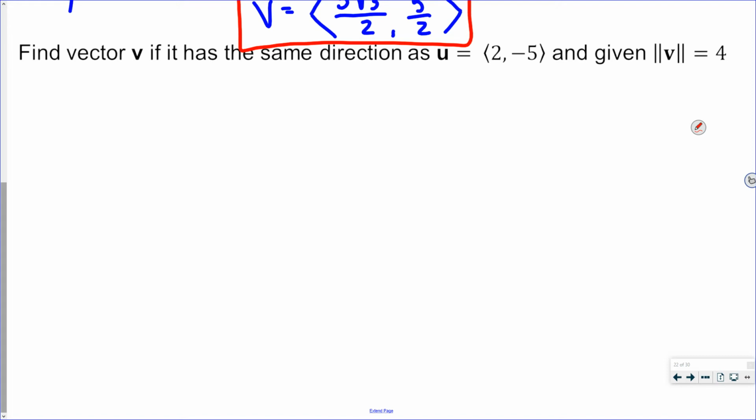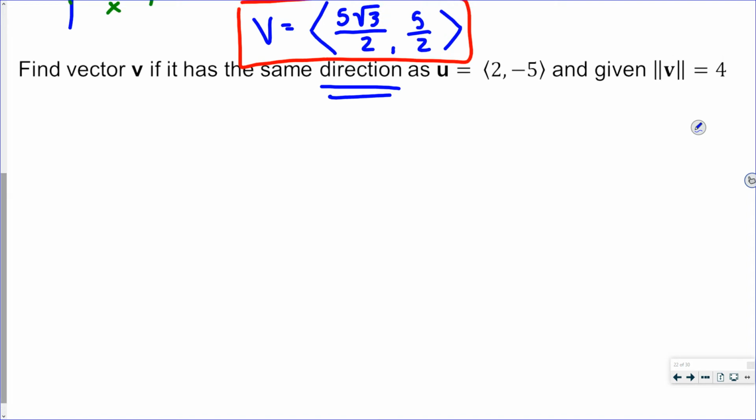Okay, so the same direction as vector u, so let's figure out where vector u is. 2, -5 would be, again, quadrant 4.